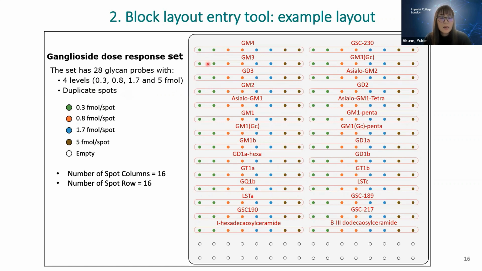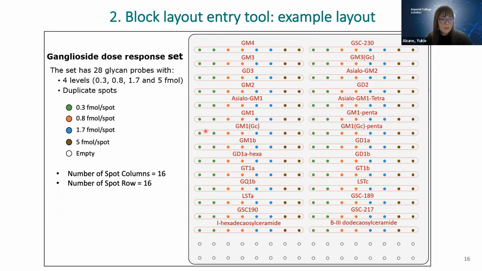And each Glycan probe is arrayed twice, so they are duplicate spots. And this subarray has 16 by 16 spots. This is our laboratory's default arrangement.